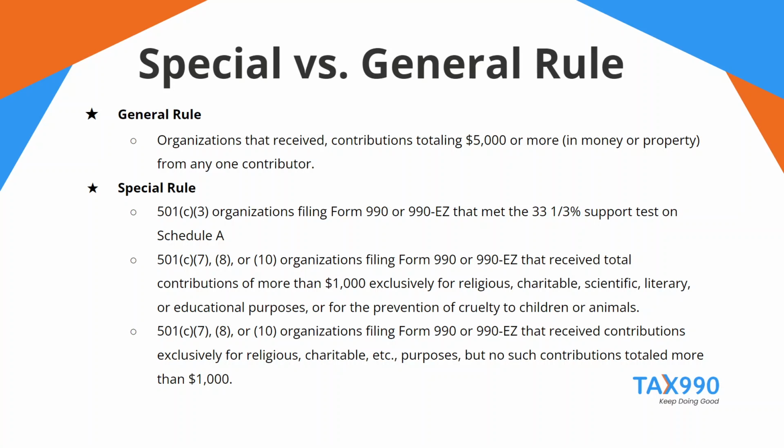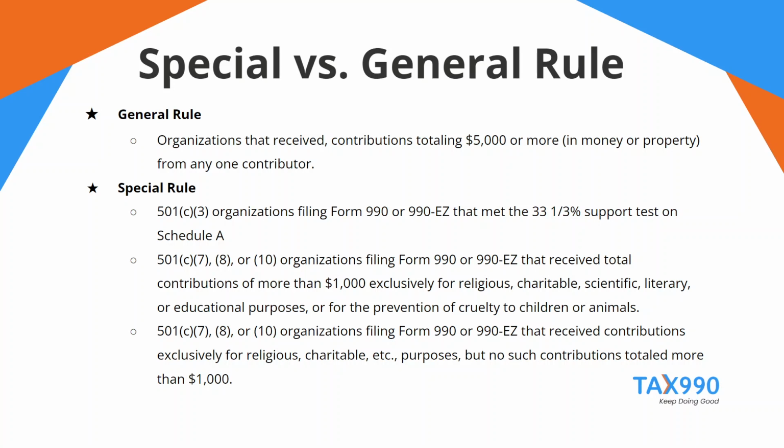However, the most common option is going to be the general rule, which applies to organizations that receive contributions totaling $5,000 or more in money or property from any one contributor. The special rule will be considered based on your exempt status.